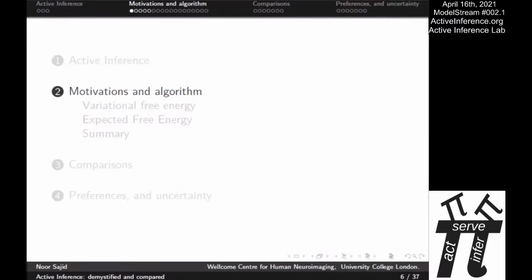Okay. So now that I've laid out the three things that are super interesting about the active inference scheme in comparison to RL, I'm going to provide some intuitions, some motivations as to why we can formulate active inference the way we do.